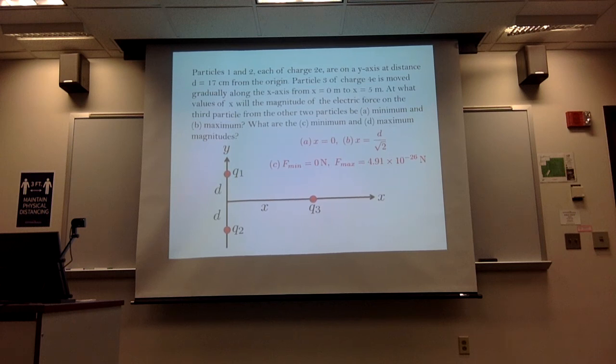If I move the 2 to the top, that's going to be 2 times 2 to the 3 halves, but 2 times 2 to the 3 halves is the same thing as 2 to the 5 halves, divided by 3 to the 3 halves.